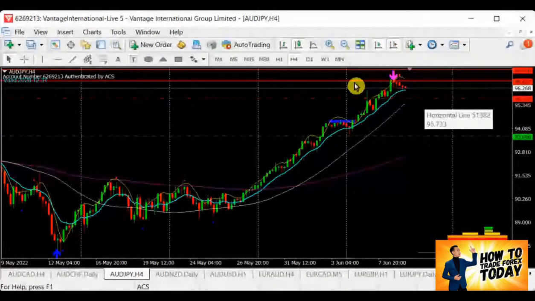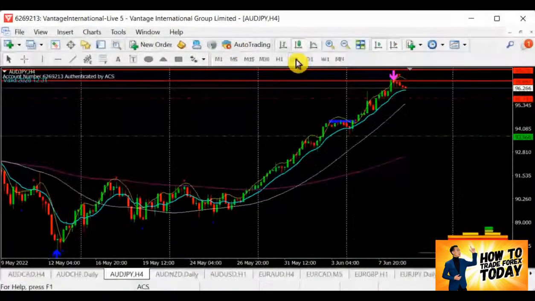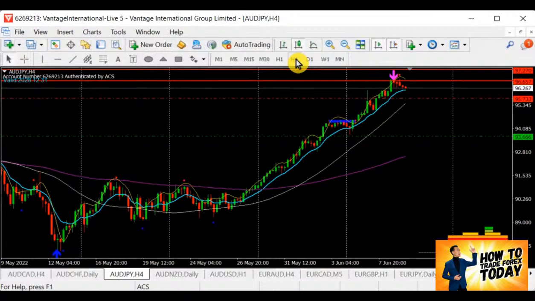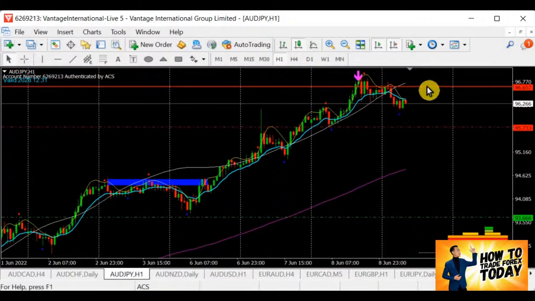Tentatively it looks good to sell, but we are still in the transition. So hang on. I'm waiting for it to retest again. If the retesting is good and not breaking up, then we will start selling. So probably Aussie yen maybe tomorrow.